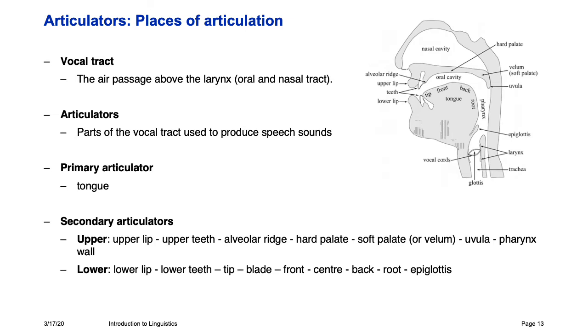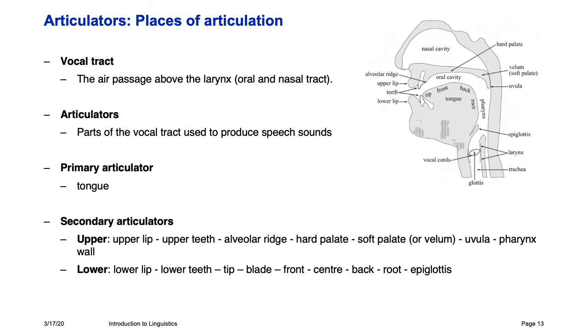Because it's so super mobile and with back, tip and front, you can move all over the place, which contrasts with secondary articulators, which are somewhat mobile, such as the lips. You can protrude them, you can round them, not mobile at all, such as the teeth, or the alveolar ridge, the hard palate, etc., all of which you have labeled here.